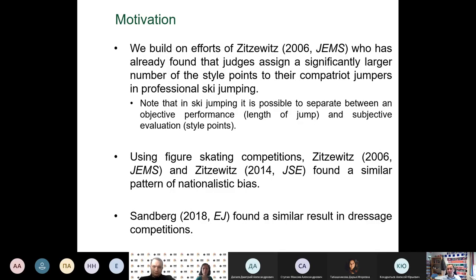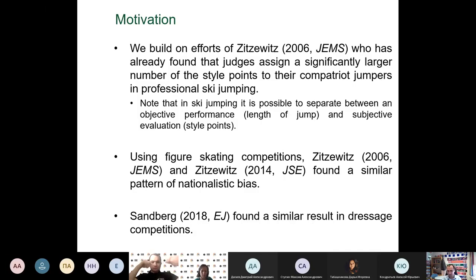Now, actually, we built on the efforts of Eric Zitzewitz, who published in 2006 a paper with exactly the same research question, in exactly the same research setting, professional ski jumping. He found that referees assigned significantly higher scores to their compatriots. And just several words for those of you who don't know ski jumping: they ski and then they jump.